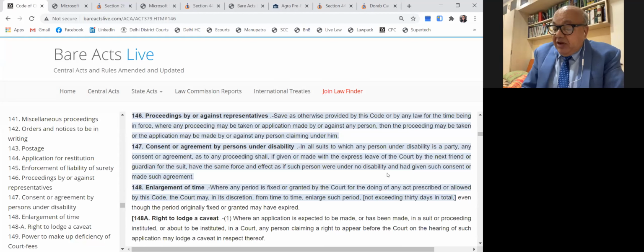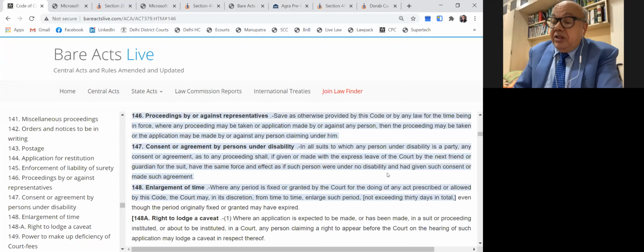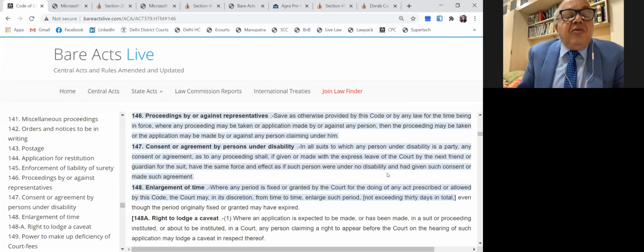Save as otherwise provided by law for the time being in force, where any proceeding may be taken or application may be made by or against any person, it may be taken or made by or against any person claiming under him. Now you learn that this section is a supplementary provision, or you may say an enabling provision.